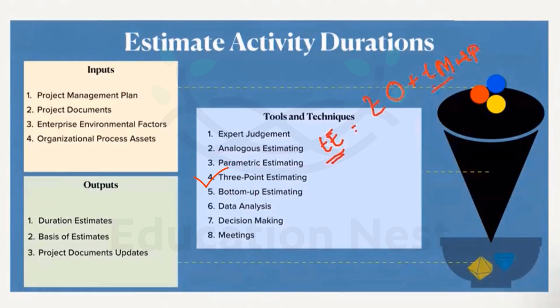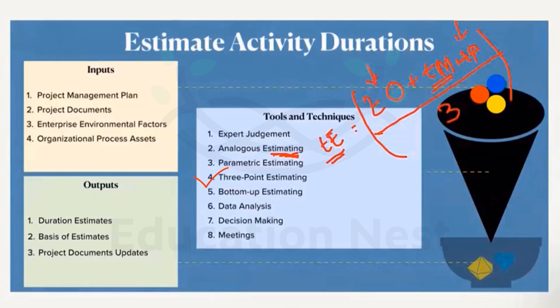What is TM? This is nothing but the estimated time that we have taken from our previous experience. So this is that simple formula. TM is the estimation based on our previous experience. TO is the best case scenario and TP is the worst case scenario.